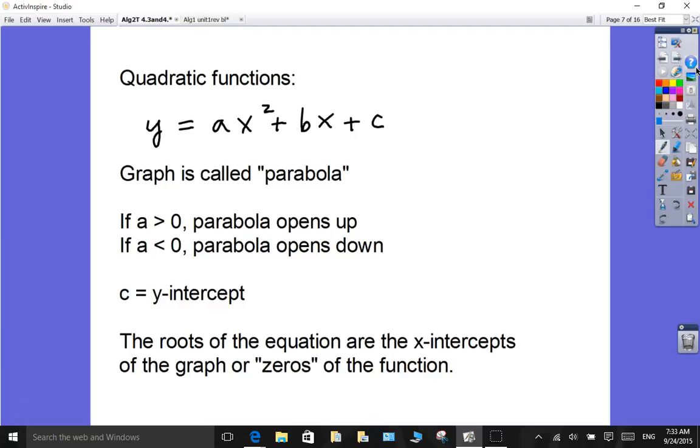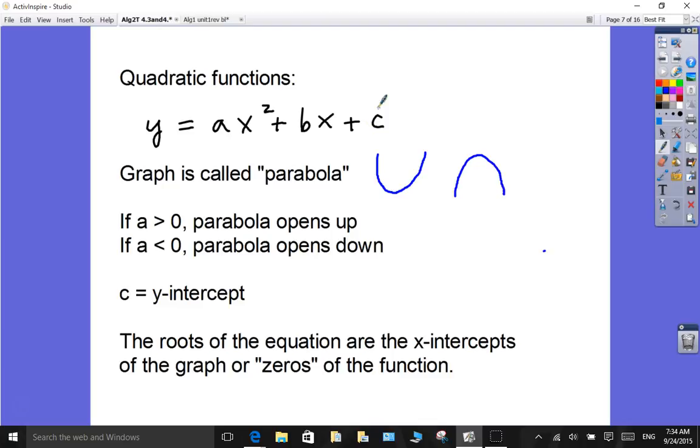And a parabola has the shape of a U, right? The U could be opening up, or the U could be opening down, right? If the A, the coefficient on x squared, is positive, you know that it opens up. If the A is negative, you know that it opens down.